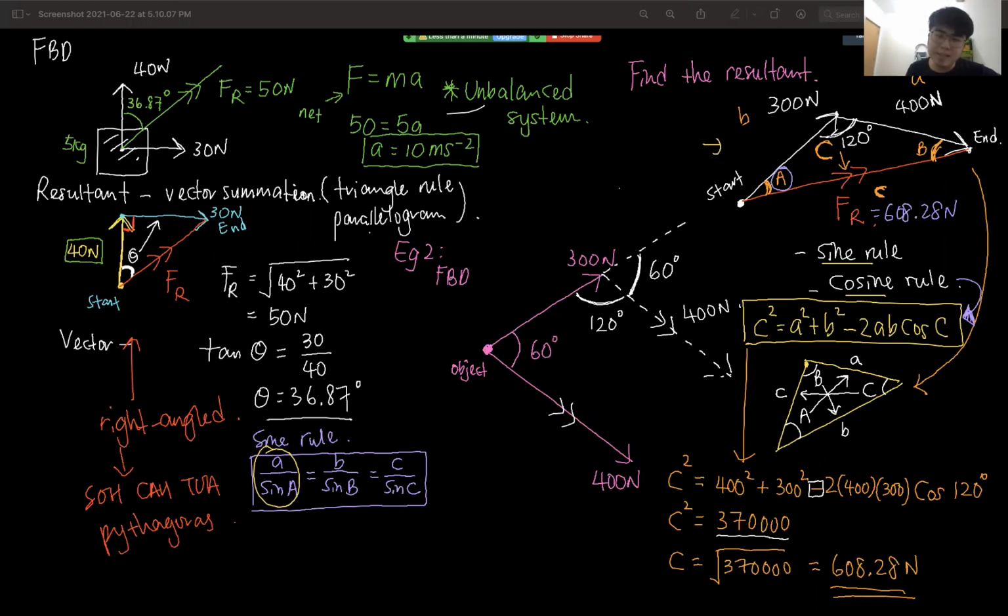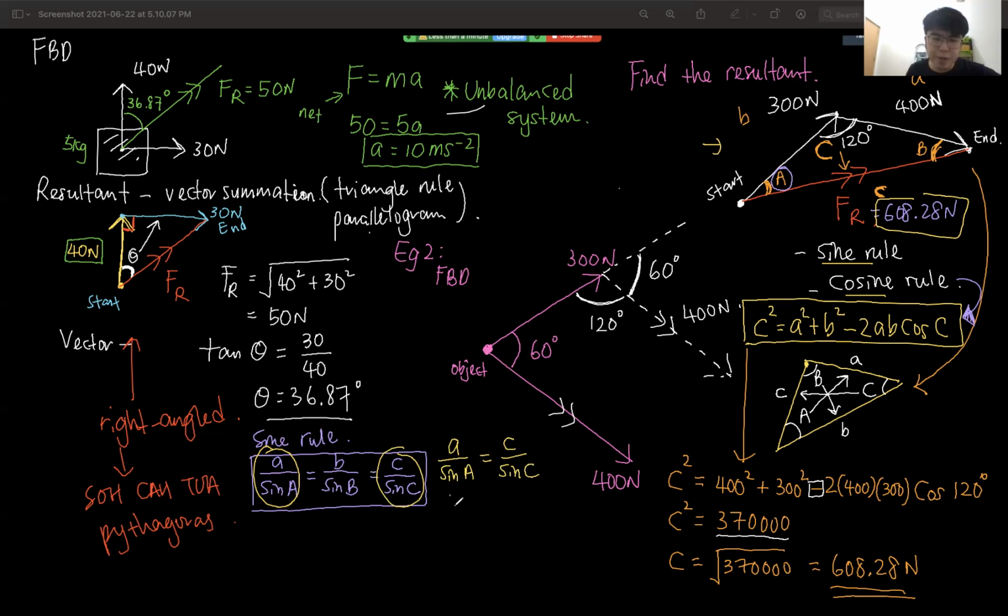So I'm going to choose the C, because I know the angle 120, and also I know the small c is my answer, 608.28, from my previous calculation. So I will write a over sine A equals c over sine C.